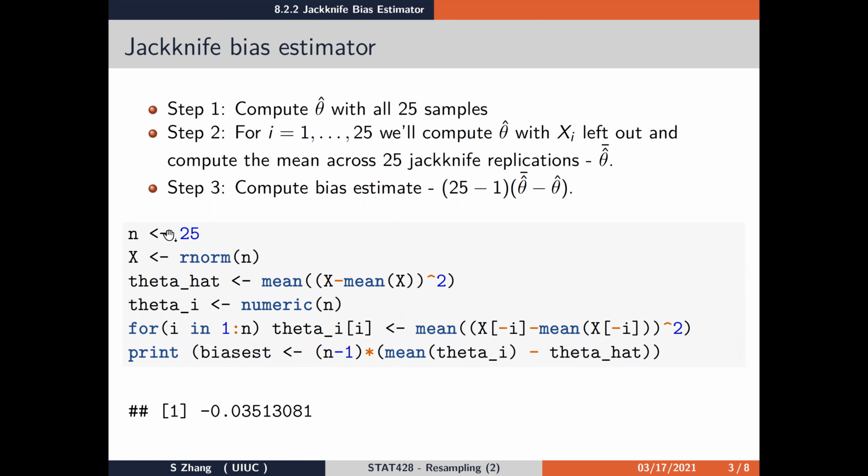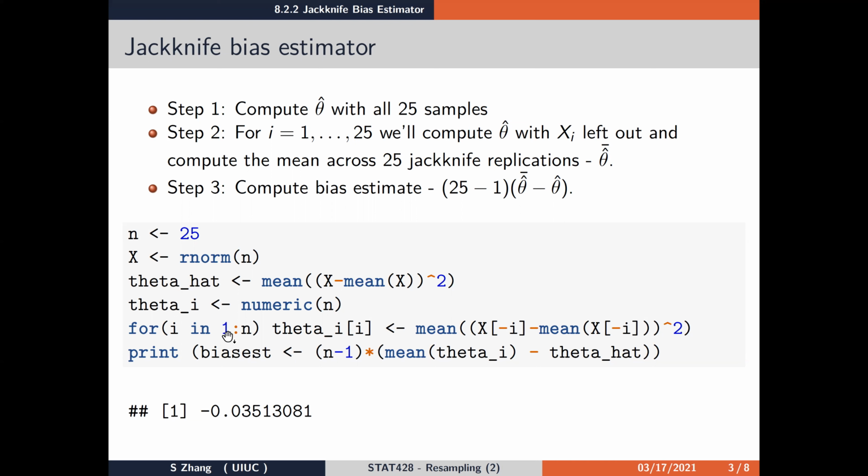So here's the code that implements this. We first generate a total of 25 samples from the standard normal distribution. Then we compute the theta hat, which is the MLE using the entire 25 samples. We will then create a zero vector of length n called theta I, which we will use to store each of the theta hat i's, in other words, the leave one out theta hat estimates.